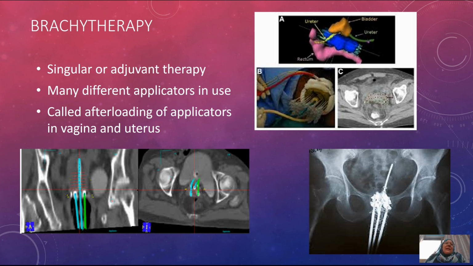So brachytherapy is a very old treatment modality that was developed by Marie Curie. It uses radium as a sort of ionizing radiation to kill the tumor cells.